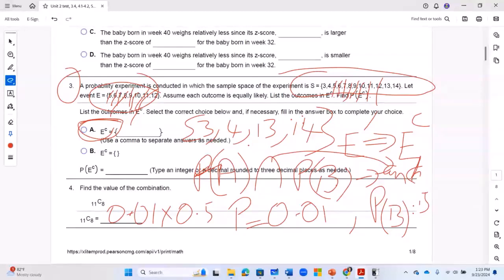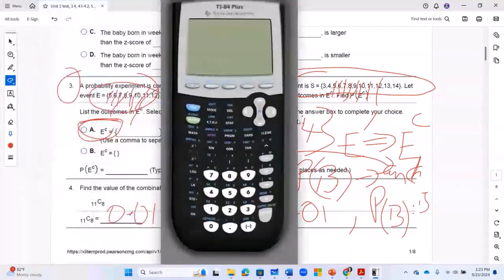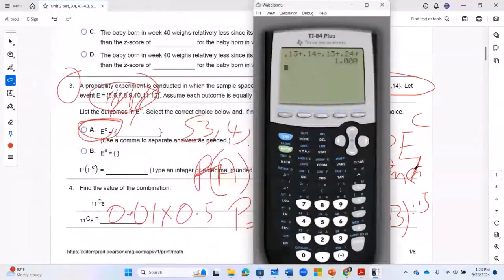We can still use the calculator that way, because you want to make sure that your decimal points are good. So I'm multiplying by 0.5, using my calculator so that you cannot misplace your decimal point. Whenever you're doing multiplication, if you get any answer greater than 1, it's a mathematical fallacy. Not allowed to have any answer greater than 1. Also, you're not allowed to have an answer less than 0.